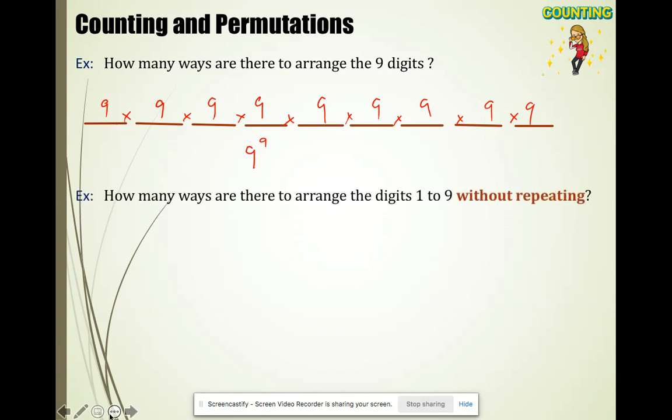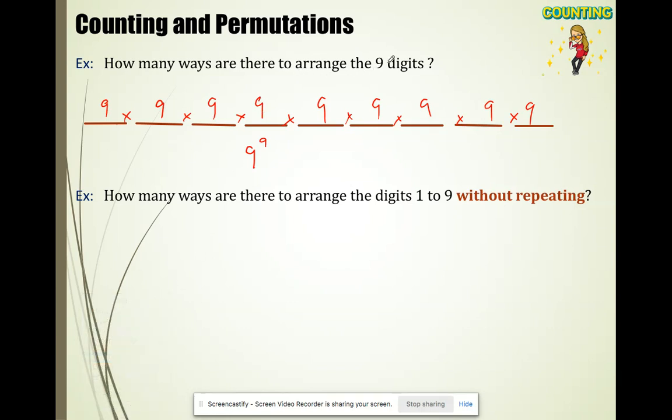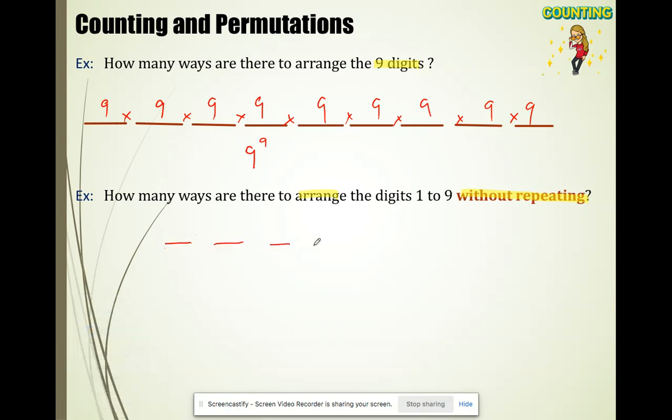Well, look at the difference in this question. How many ways are there to arrange those 9 digits, 1 through 9, without repeating? Without repeating. So I still have 9 digits. I still have 9 slots.